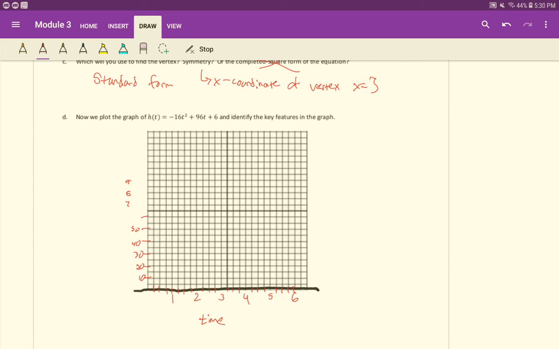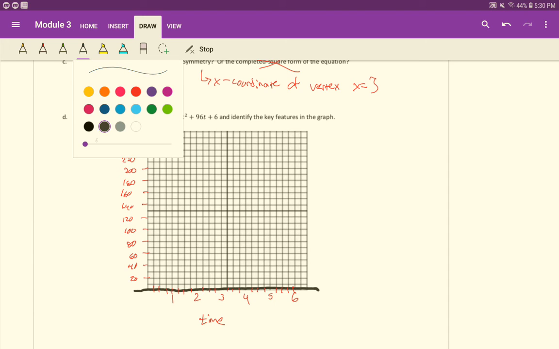All right, maybe I'll just count by tens. 20, 40, 60, 80, 100, 120, 140, 160, 180, 200, 220. Okay. Whew. And I lost my line, so now I've got to redo that.